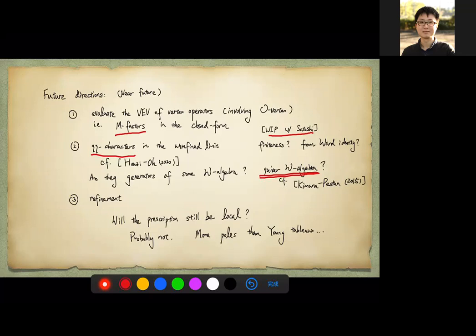And of course, we want to do the refinement in the future, but it might be different, because the number of poles in the localization formulation is much more than the number of Young tableaus. So I don't know, we might need to add some additional contributions in the calculation.